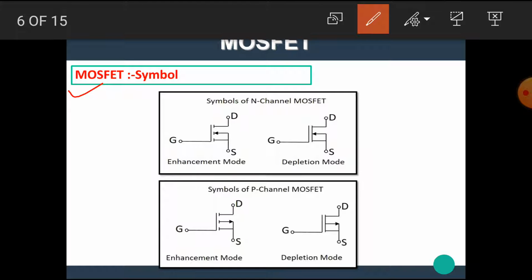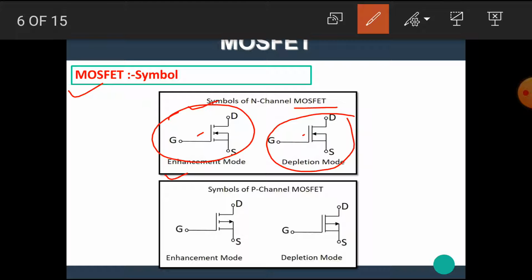Let's see the symbols of N-channel MOSFET. The N-channel enhancement MOSFET symbol is shown here, in which the arrow is directed towards the gate terminal. Similarly, in depletion type MOSFET, the arrow direction is towards the gate terminal.